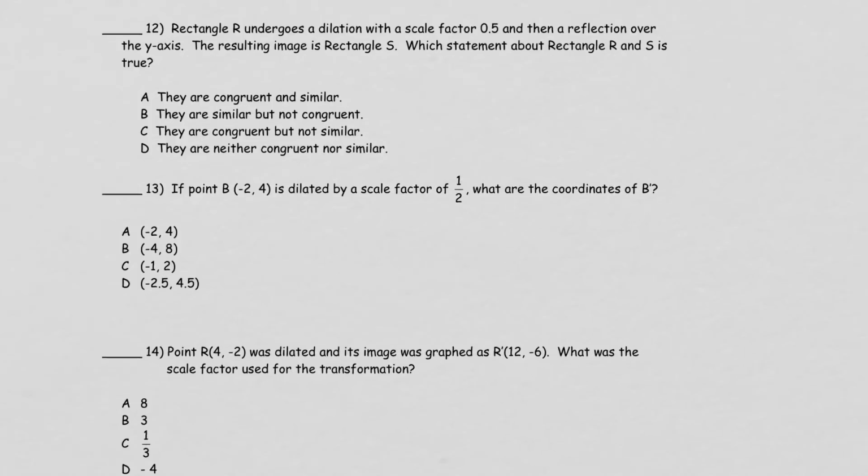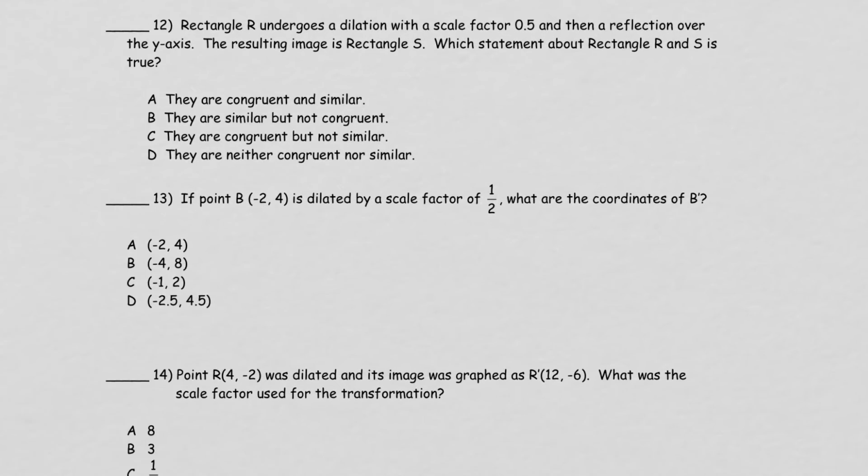Let's see, number 12. Rectangle R undergoes a dilation with a scale factor 0.5, and then a reflection over the y-axis. The resulting image is rectangle S. What statement about rectangle R and S is true? So let me see.